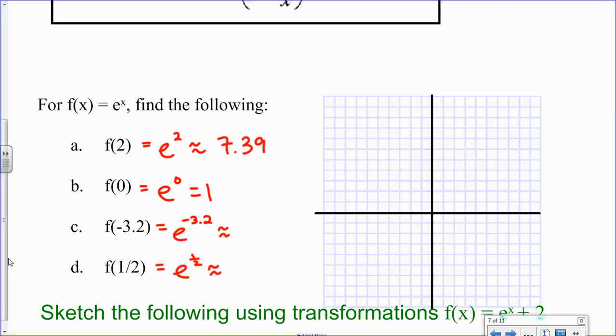So you should have gotten 0.04 and 1.65. Everybody able to get those values?